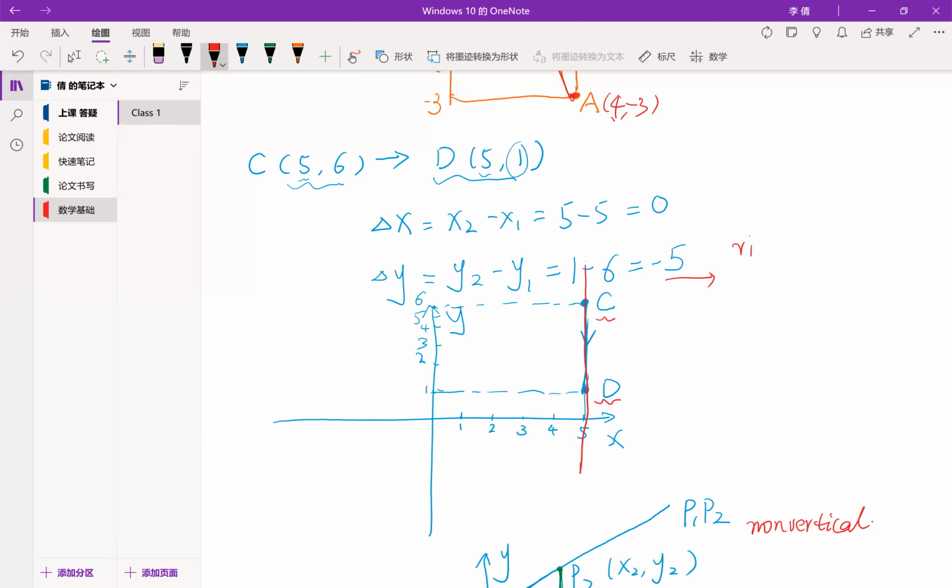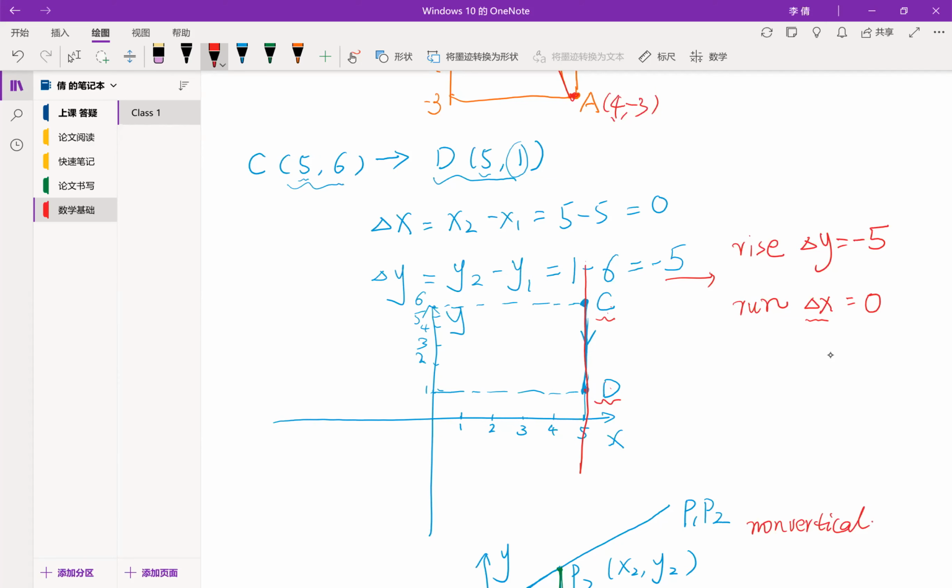The rise between the two points C and D is delta y, which is equal to -5, and the run between C and D is delta x, right? And delta x is equal to 0.